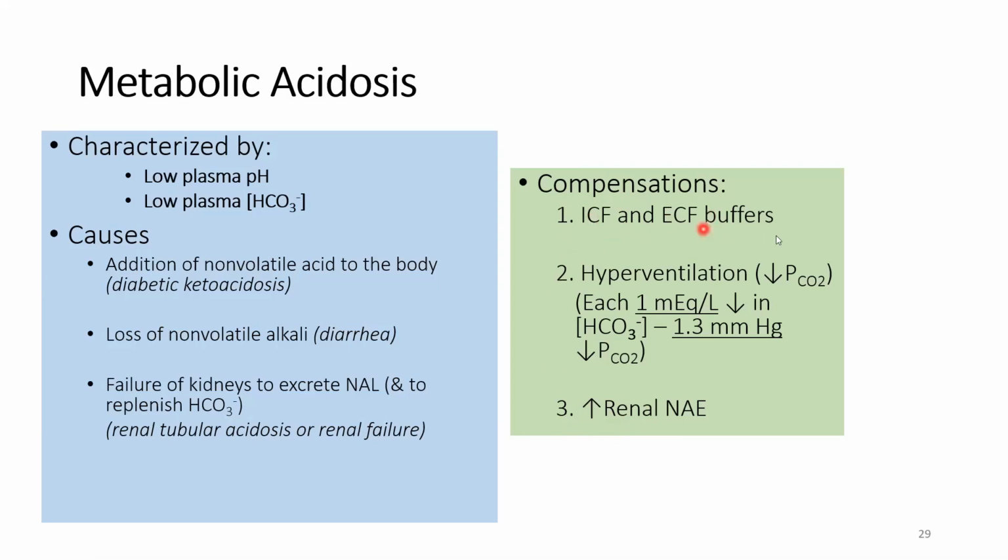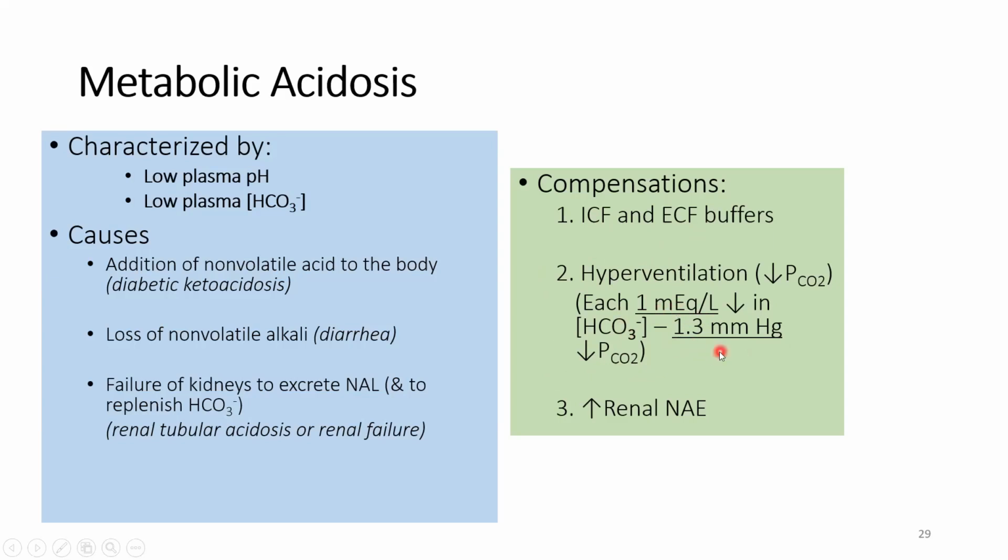So ICF and ECF buffers will come into play, of course, as soon as there is acidosis, and then respiration will play a significant compensatory role in addressing the pH change by adjusting its ventilatory rate. It will lower the PCO2 by 1.3 mmHg for each 1 milliequivalent per liter drop in bicarb.